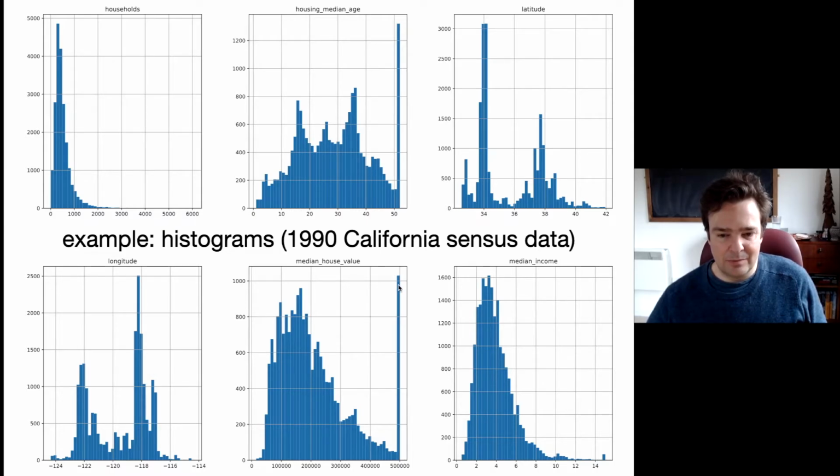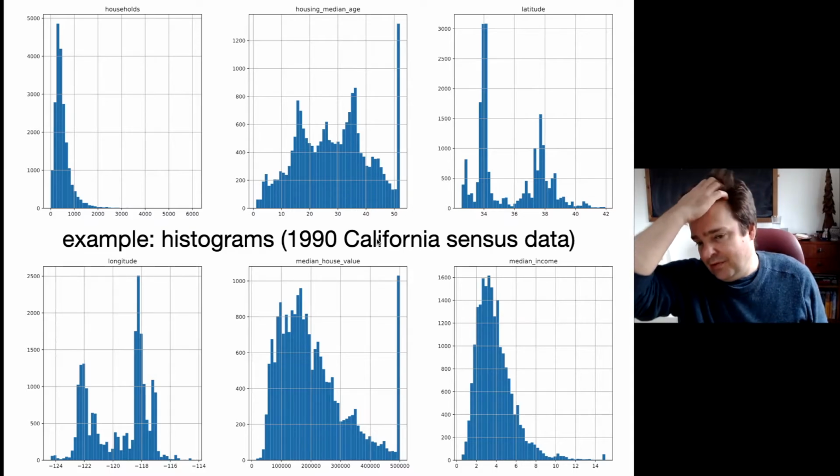At the bottom, it's 500,000 for median house value, and there are over 1,000 of those, whereas there's no other value that has anything near that. And similar for the house median age. I'm not even sure I remember what that means exactly, but at 51 or 52 or whatever, you have this huge spike, whereas all these other numbers are much lower.